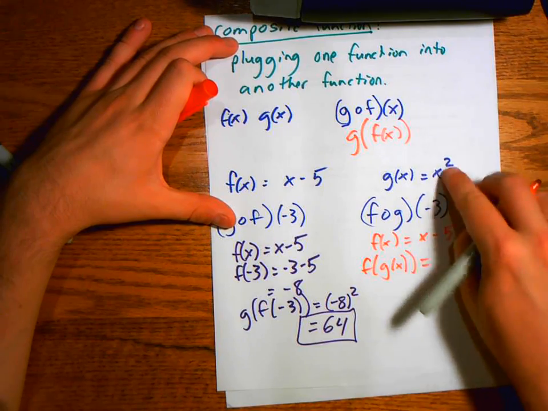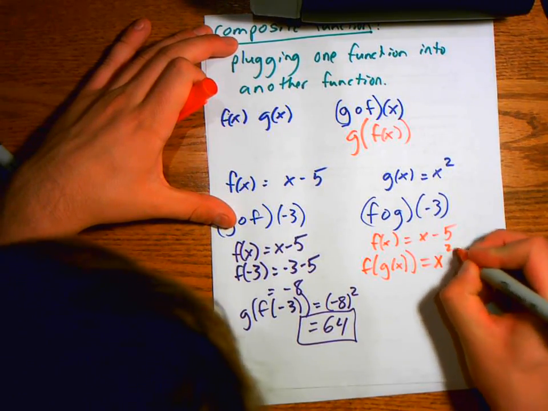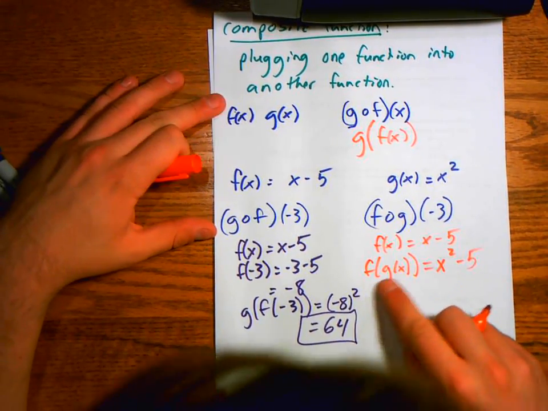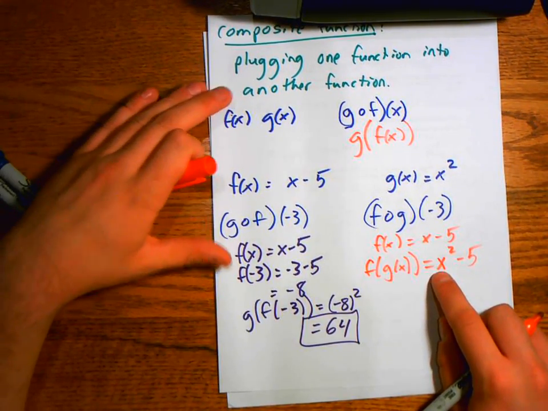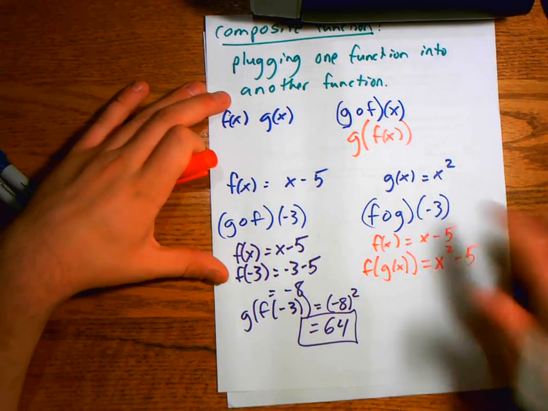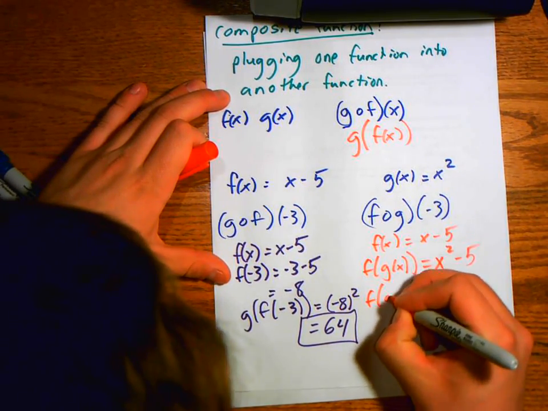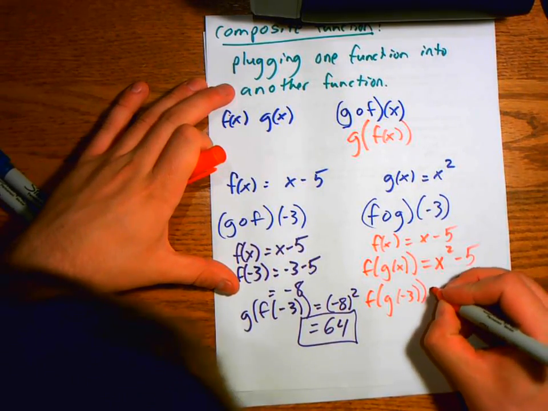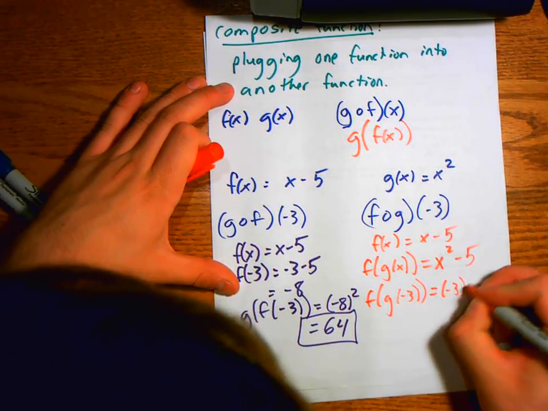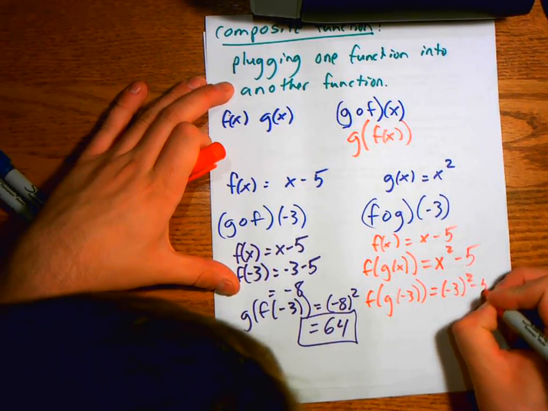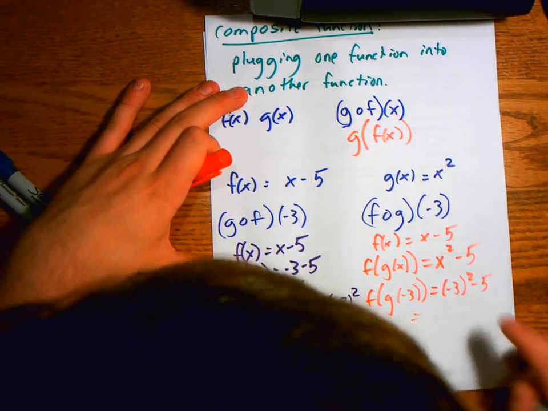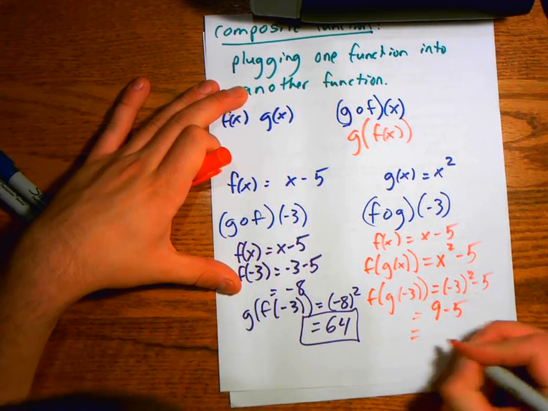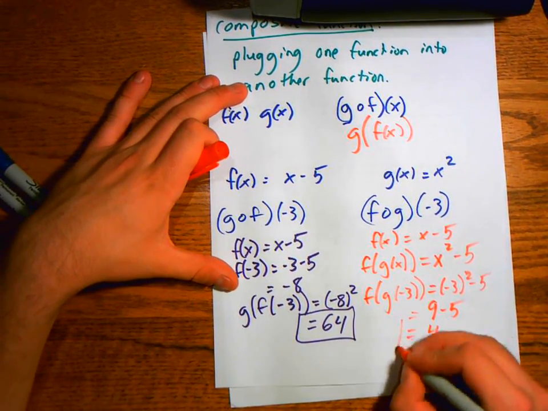So for every x, we're going to do an x squared, and this is minus 5. So this is the function f of g of x. Now if we want to evaluate it at negative 3, f of g of negative 3, that means wherever we see an x, we plug in a negative 3, and then we subtract 5. So negative 3 squared is 9, and 9 minus 5 is equal to 4.